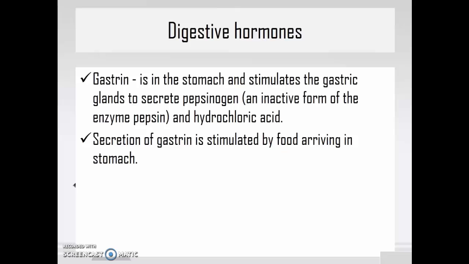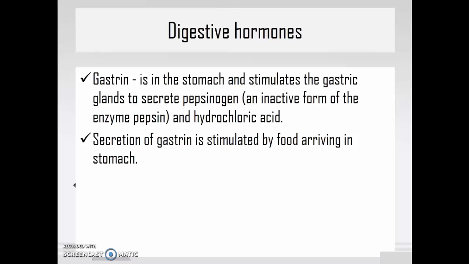Now if we look at the gastrin hormone, which is produced by the stomach, what is its function? It stimulates the gastric glands to secrete pepsinogen. Pepsinogen is actually an inactive form of the enzyme pepsin. Pepsin is an enzyme which breaks down proteins into simpler proteins and amino acids.